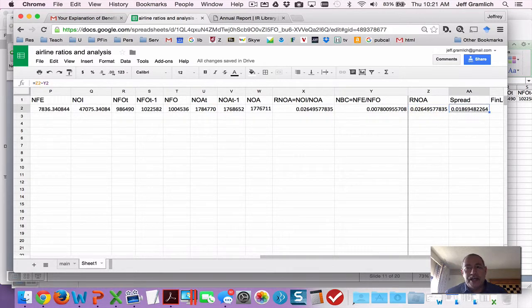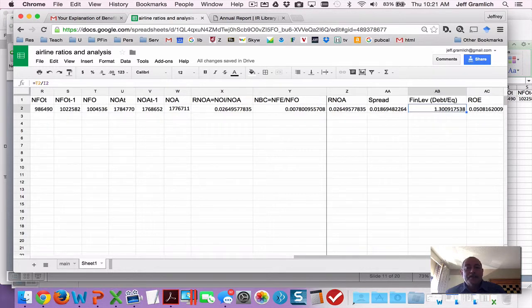So we have the RNOA plus the spread times the amount of debt that we use, non-common equity or investment in the company. And that is debt to equity. So we're going to take the spread times the financial leverage, the amount of OPM or other people's money that we're using. And that gives us the sort of leverage effect on the income that comes to the common stockholders.